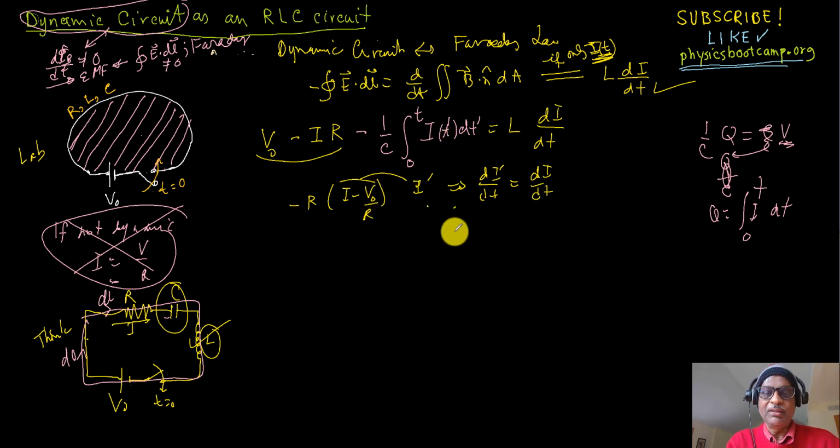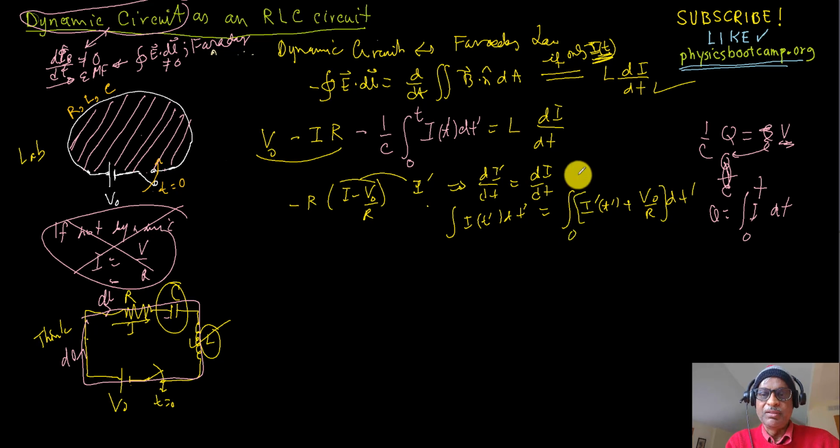And the integral over I of t prime becomes the integral of I prime of t prime plus V0 over R, dt prime, from 0 to t. So I can replace it and absorb this in a new equation with I prime.